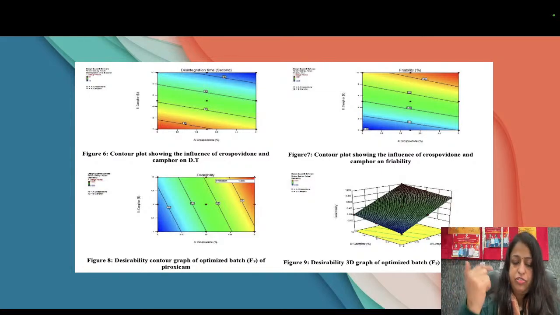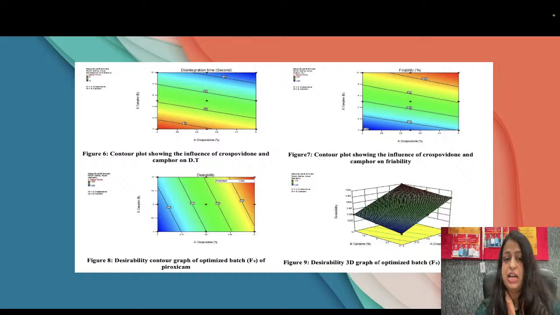So after that, what is the next step? The next step is the formulation of that batch and then evaluation of that batch, and again we will compare the results of the experiment with the statistical results. Then we will see whether we are getting similar responses or not, right?